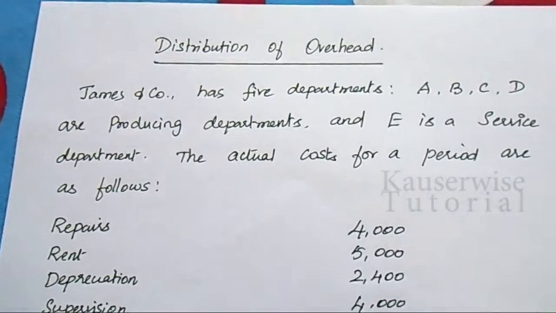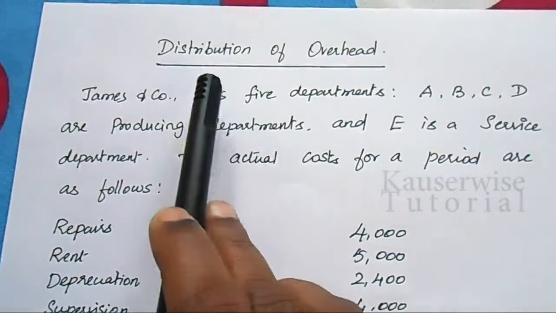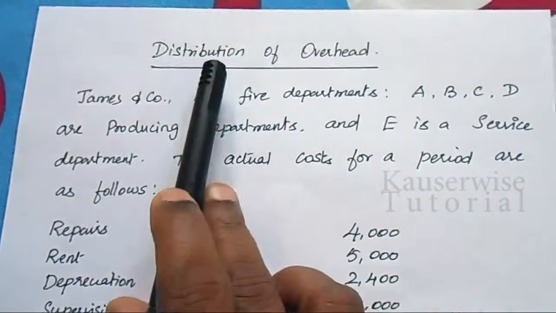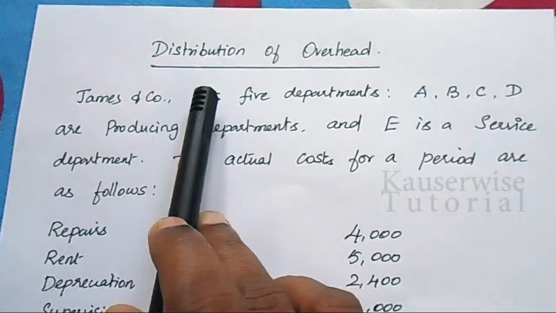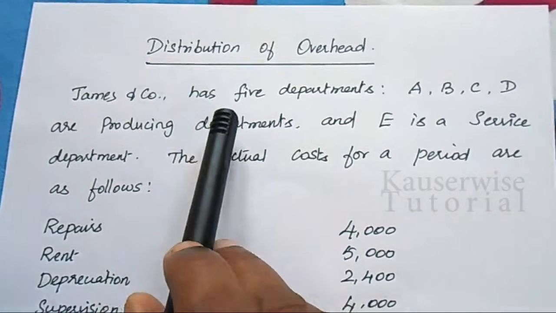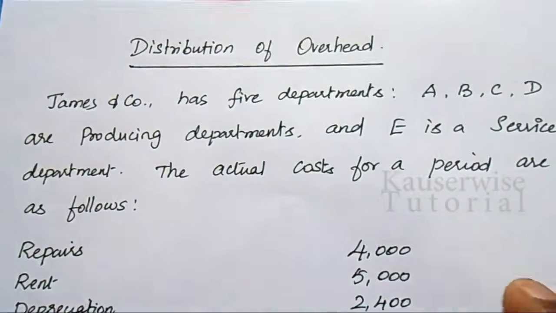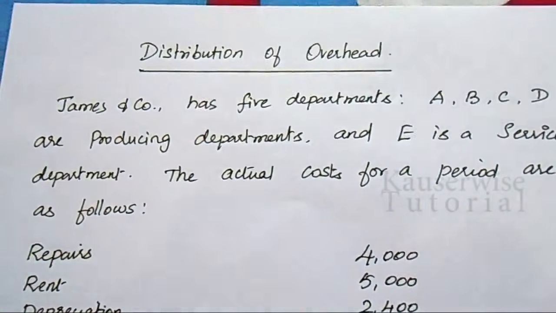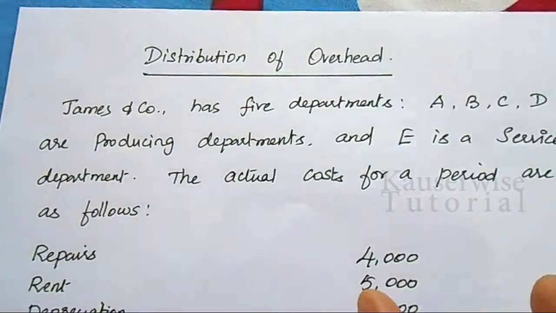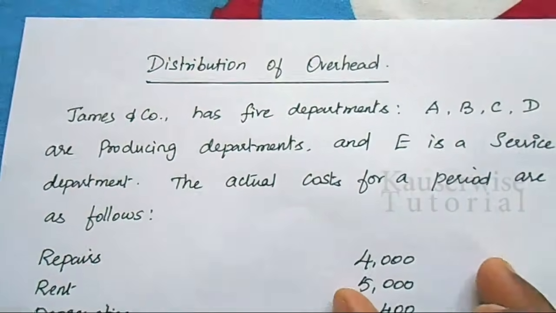Whereas apportionment is a distribution of overheads. Distribution means apportionment. Apportionment means where you cannot enter the entire transaction in one particular department. Why? Because the particular expense is not related with only one department.